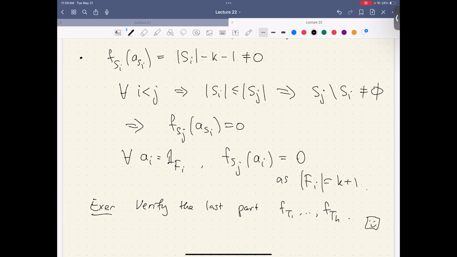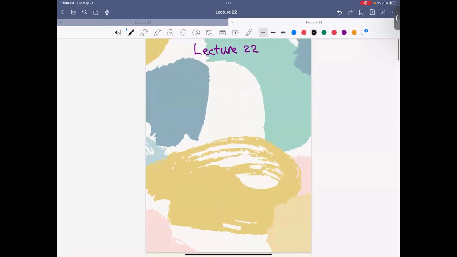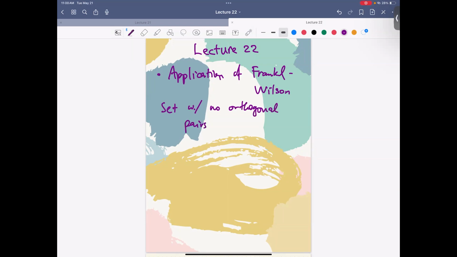Any question? So today what we did is an application of Frankl-Wilson, which is this set with no orthogonal pair, and a proof of Borsuk's conjecture.